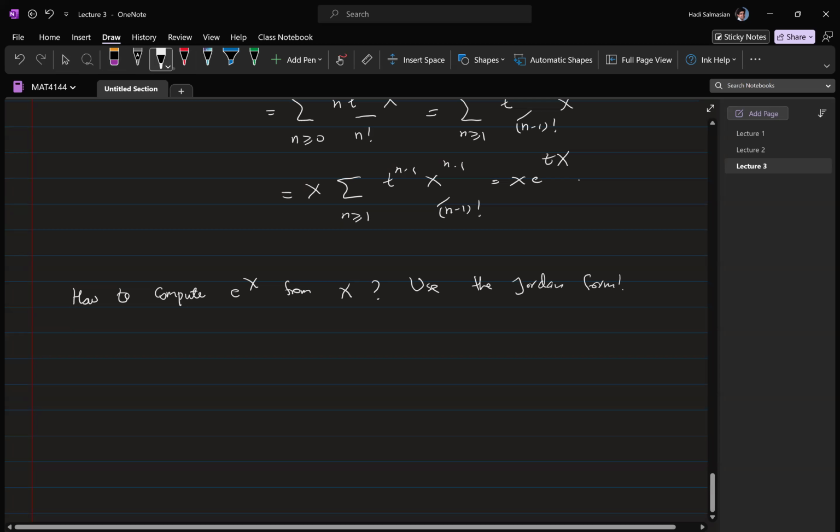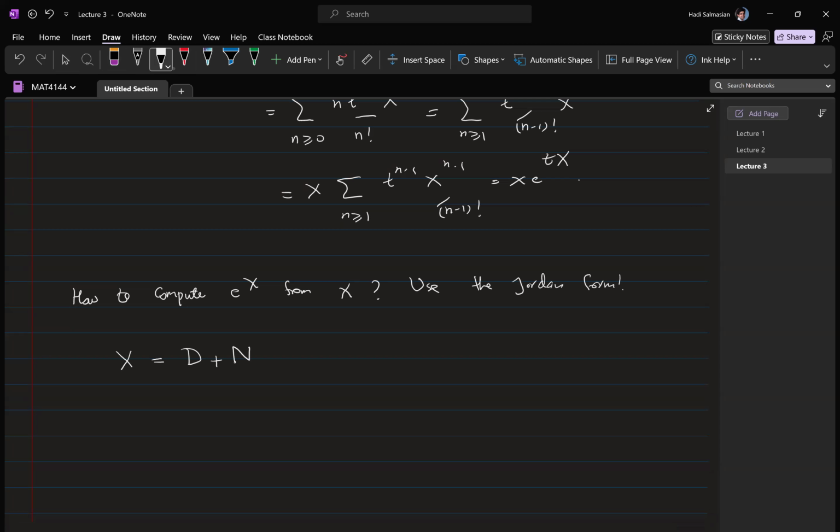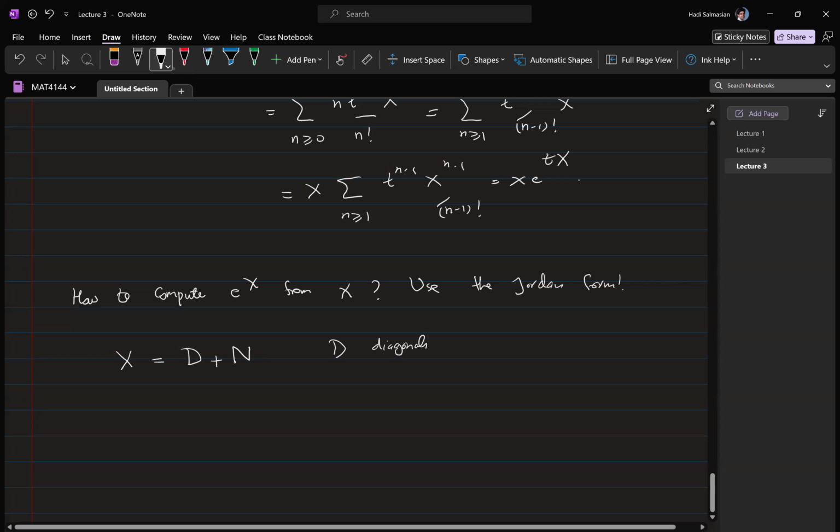Jordan form means that we can write X as a sum of a diagonal matrix and a nilpotent matrix. The Jordan blocks can be decomposed as diagonal plus nilpotent, and the diagonal part is just a scalar multiple of identity. It commutes with the nilpotent part. So any matrix in the Jordan form can be written as a sum of diagonalizable and nilpotent, such that they commute.